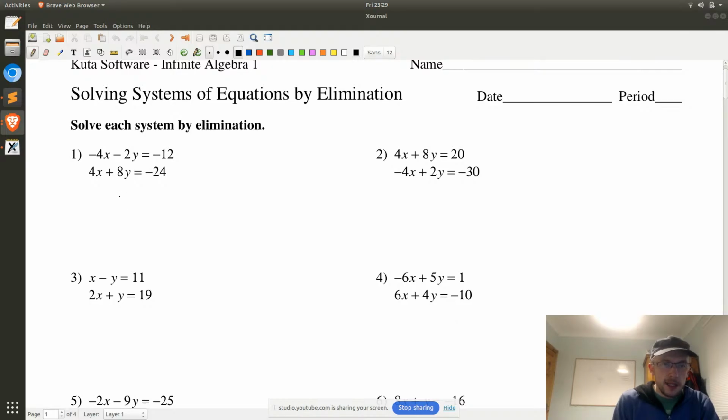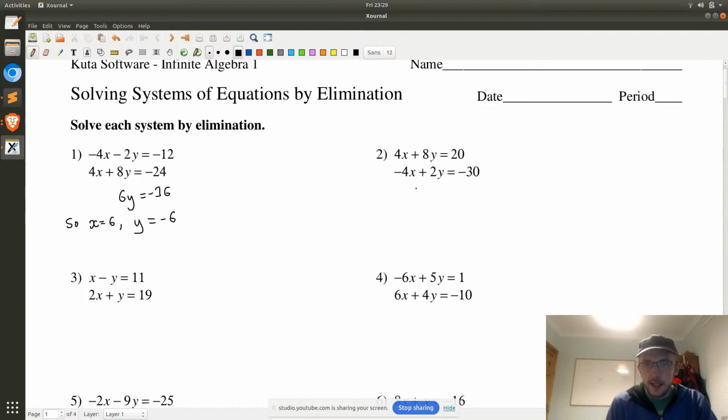So I'll add them together. And this means y is negative 6. But what to do about x as a result? Plug it in. So 12, take 12, negative 24, divide 6.